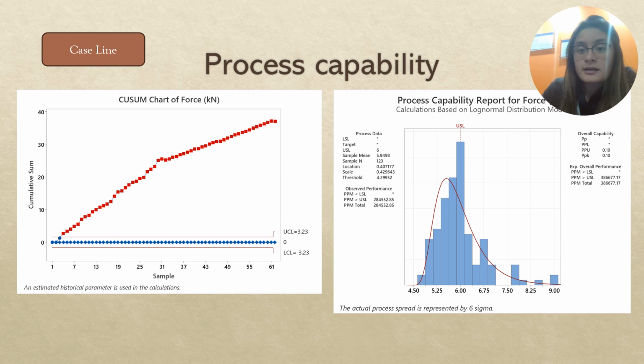We can see at the bottom right side that the expected overall performance is showing that 28% will increase to 38%. And the other thing that we can see is the PPK, it's 0.1, which indicates that we have no control of the process, because as we know, a high PPK means a high level of process control.